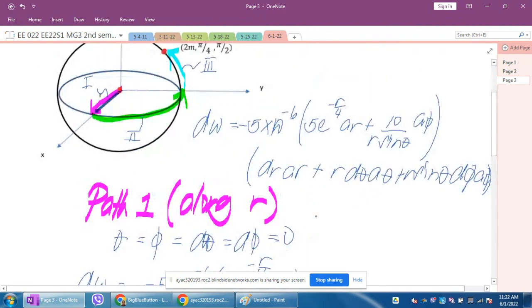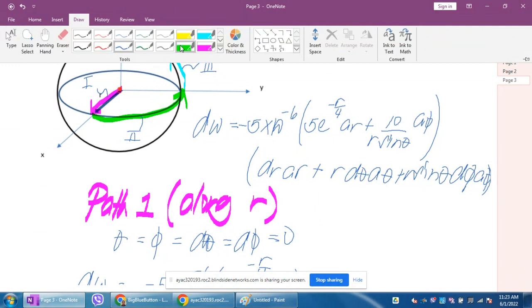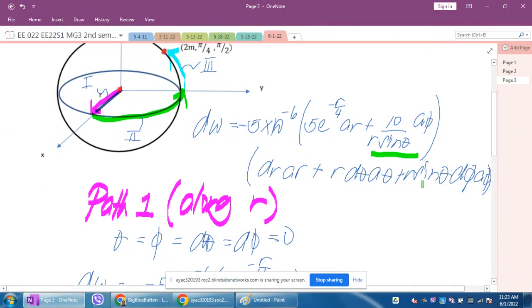So, ano po yung matitira sa working equation natin? Wala na po itong r. Ang matitira sa path number 2, ito. Analyze tayo. Ito, at saka ito.